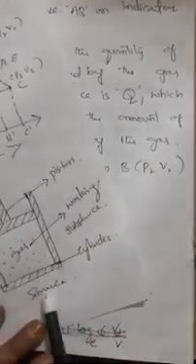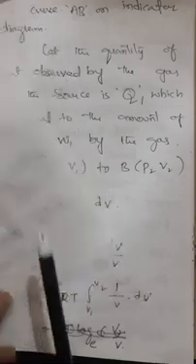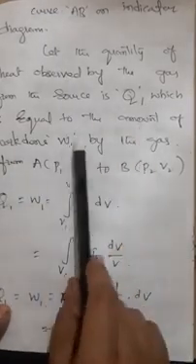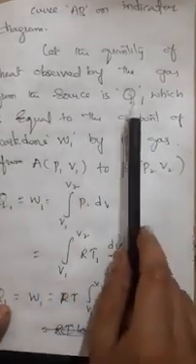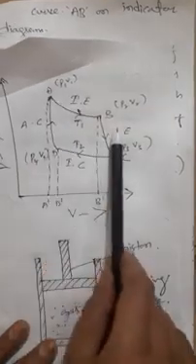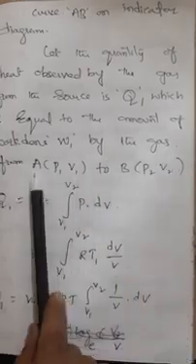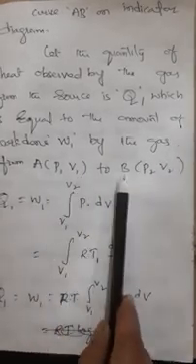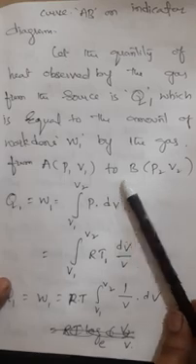The gas takes some heat from the source, that is Q1, and due to that heat, work is done by the gas to reach from position A to B. That is the amount of work done W1 by the gas from A (P1, V1) to B (P2, V2), which can be written as follows.